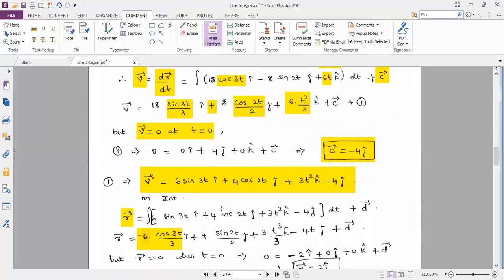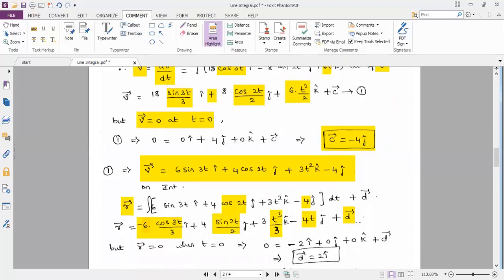Integration of cos 2t is sine 2t divided by 2, into j, plus 3 times the integration of t square, which is t cube divided by 3, into k, minus the integration of a constant minus 4 with respect to t, which is minus 4t into j, plus adding another constant of integration, say vector d. The naming of the constants of integration is left to our choice.